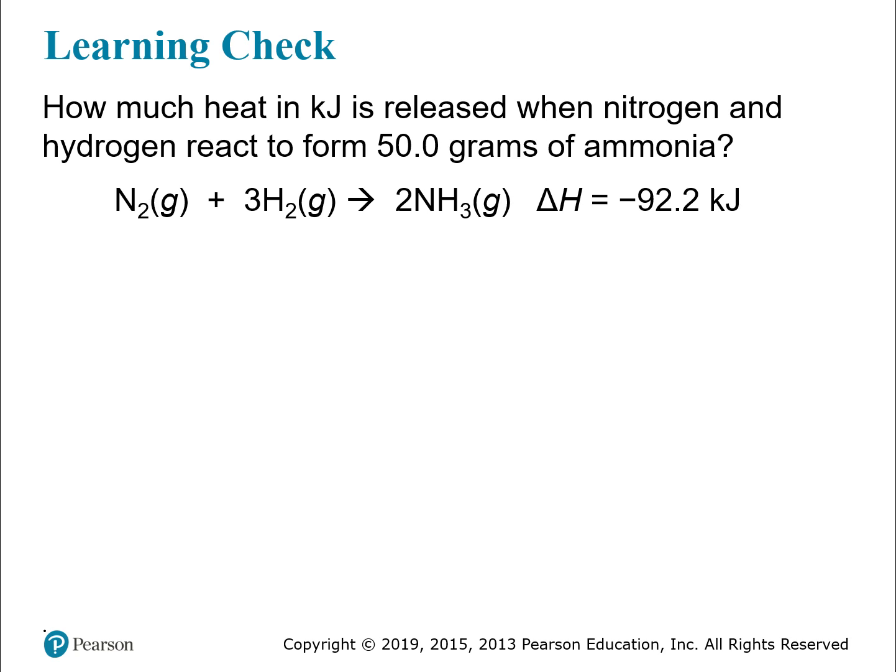When you do that, you can actually calculate the amount of energy absorbed or released during the course of a reaction. In this case, we're trying to figure out how much heat is released when nitrogen and hydrogen react to form 50 grams of ammonia. Notice we've got a negative delta H here. So that means it's an exothermic reaction, and that the heat is a product because it's being released.